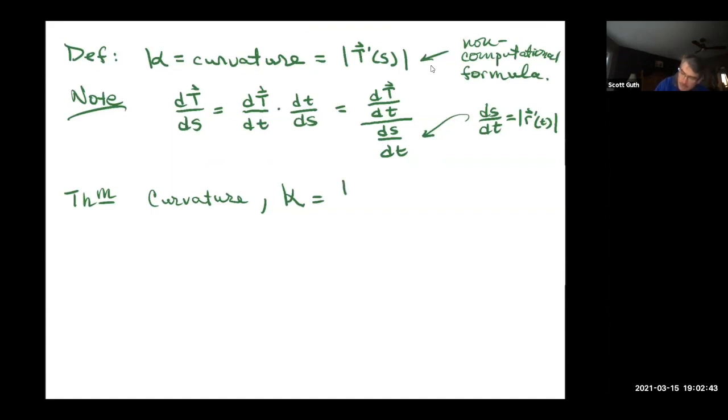Remember, we have to take the magnitude of this. So you'll do the magnitude of T prime of t over the magnitude of r prime of t. So that's just an application of the chain rule right there.